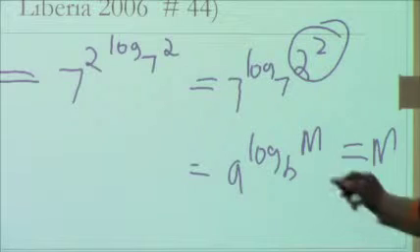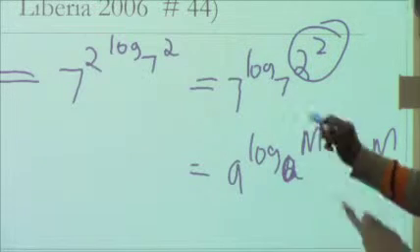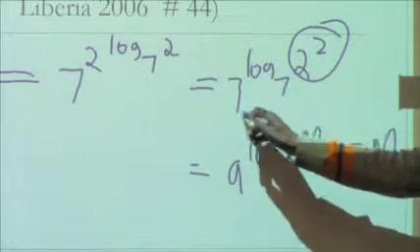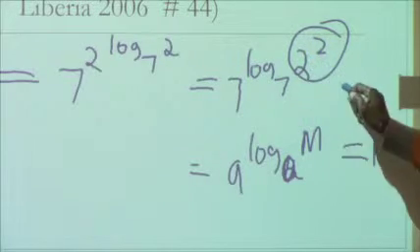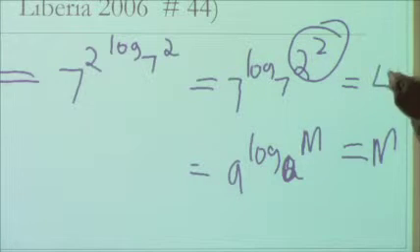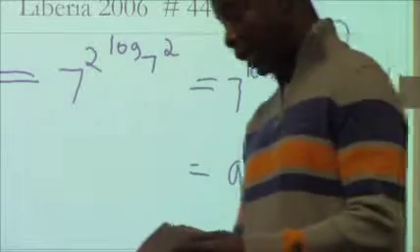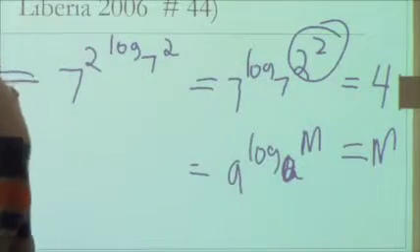A to the log base A of M will be equal to M. That's the rule we're applying. So basically, with this and this, our result would just be this, which gives us 4. 2 squared is 4, so that's going to be our answer. So again, I think this is the last problem we have to do. I'm going to pause the screen so that you look over it carefully.